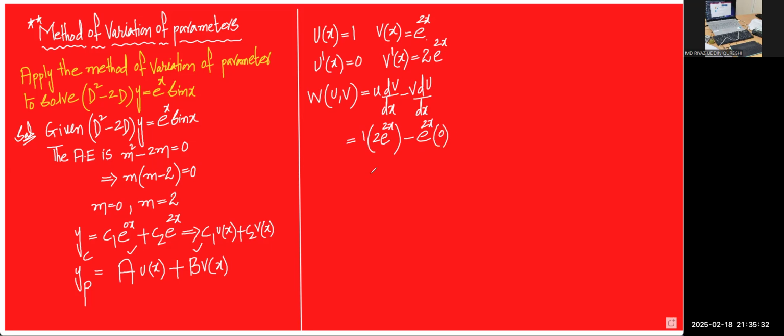Means what are we getting? Our answer is 2 e power 2x, which is non-zero. So we can easily find the a value.